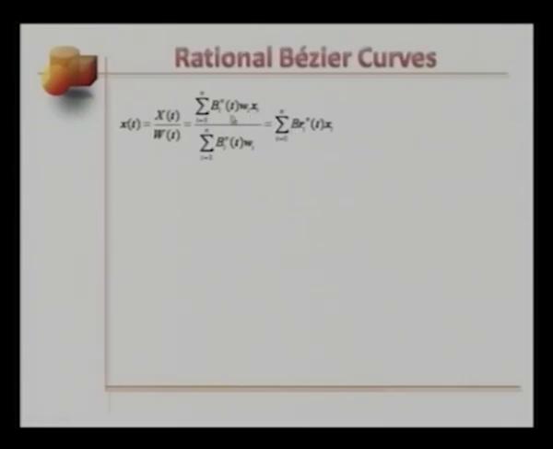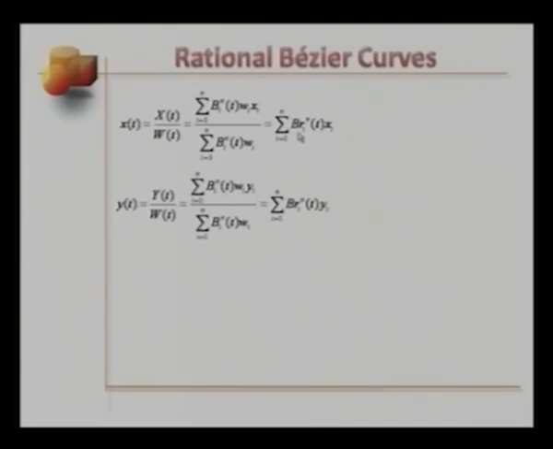and replace this term by br sub i super n of t times xi. Retain the summation sign i going from 0 to n. Likewise, for the y coordinate, y of t is capital Y over capital W, which is summation i going from 0 to n, b sub i super n times wi times yi over summation the ith Bernstein polynomial of degree n times wi.